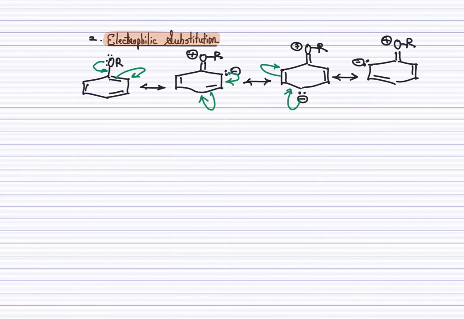So these are the most reactive sites. So we say here the alkoxy group is ortho and para directing. The alkoxy group is ortho and para directing. That is one thing you have to know.